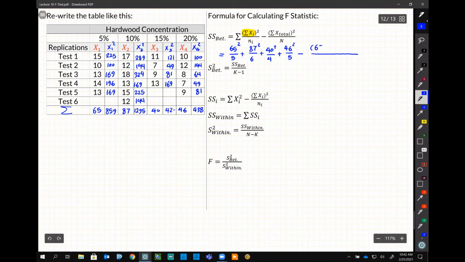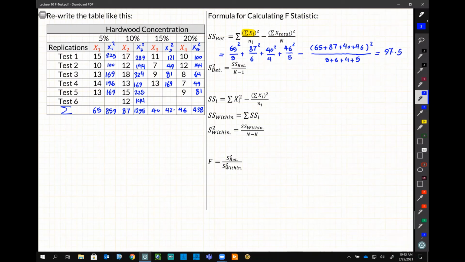So it's 65 plus 87 plus 40 plus 46, all of them squared, divided by n, which is 5, 6, 4, 5, or 20. It gives us 97.5.